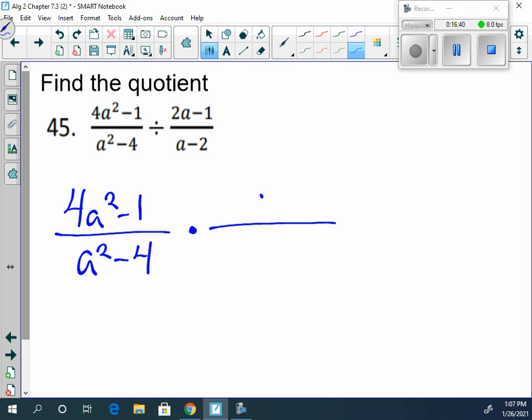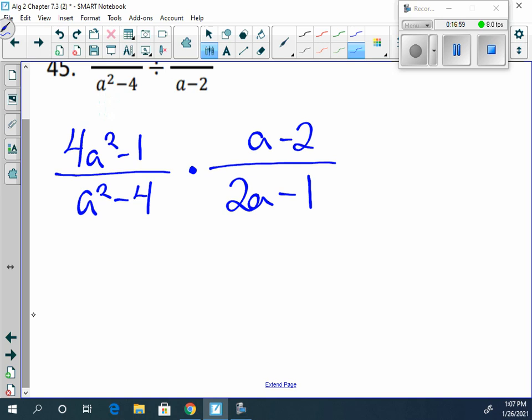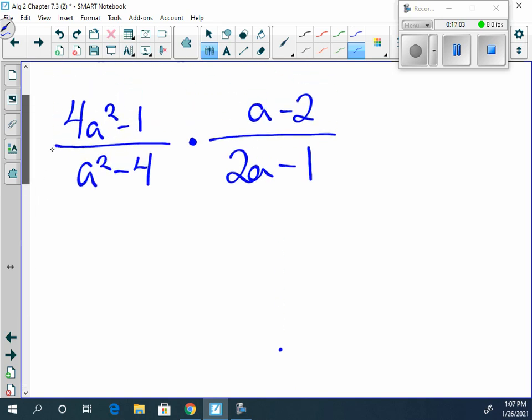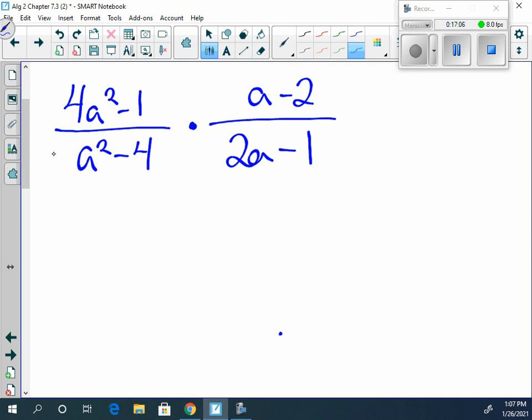And then when we do that, we flip the second rational expression. We keep the first one, we change the operation from division to multiplication, and flip the second fraction, which gives us this here. Let's have a little more room. Questions on this so far?